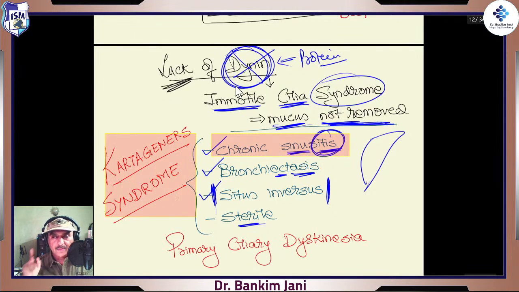Why? Because this patient is a young patient. He has not yet got married, right? But you have picked up this important thing, that situs inversus, and he has got severe chronic infection of lungs. This is definitely a patient who will be sterile.